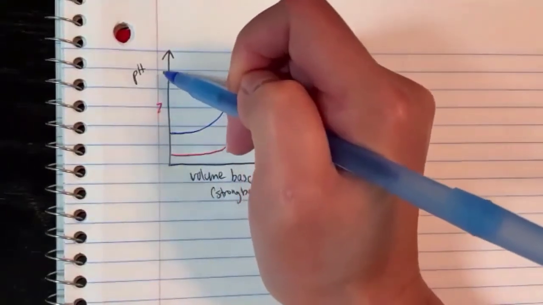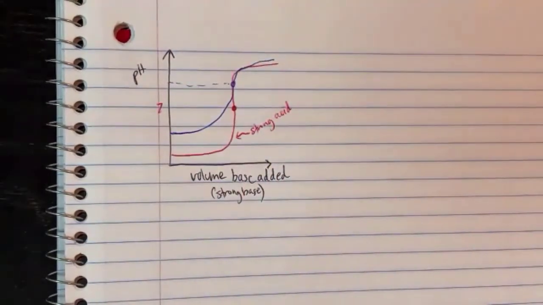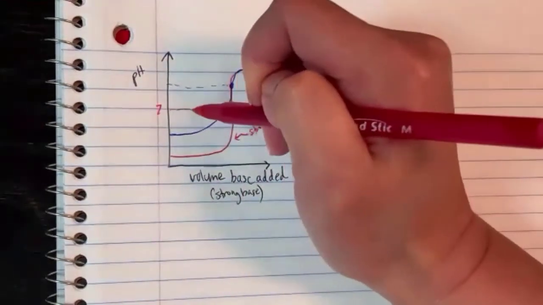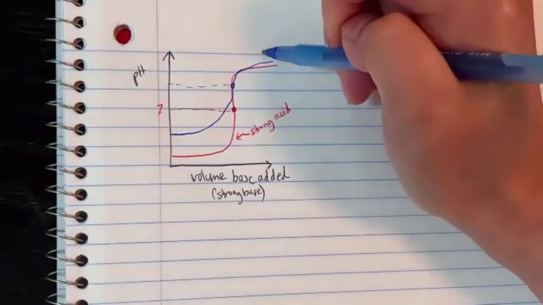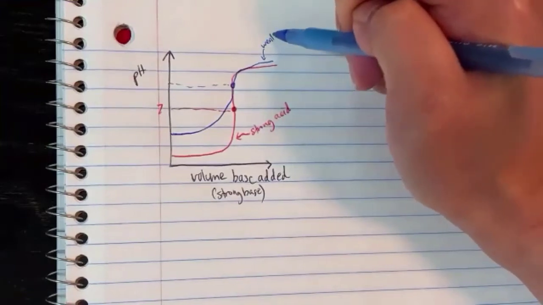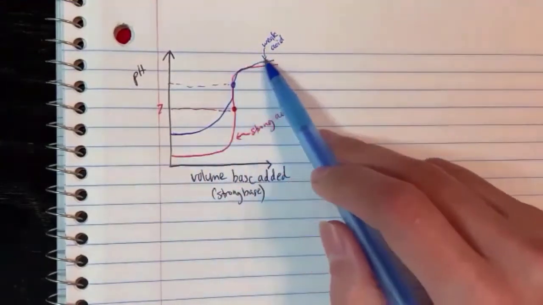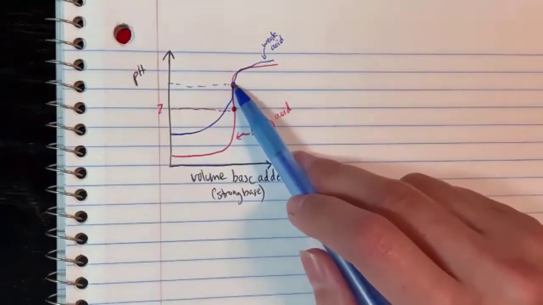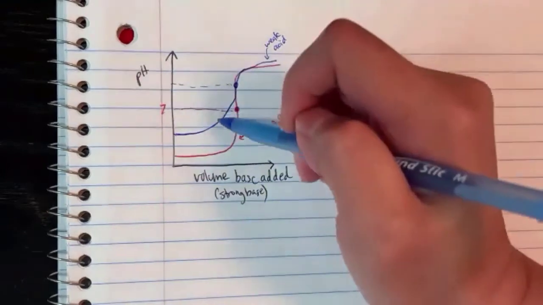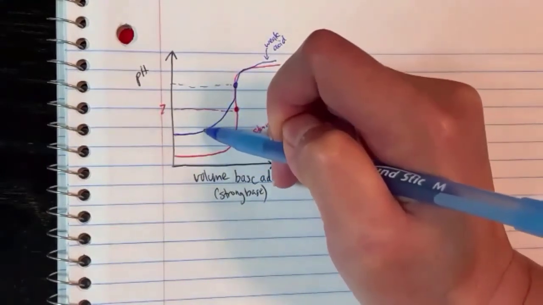So this is maybe like 8, 9-ish. Okay, and then you see how this guy here is exactly at 7. So the blue line here is going to be for a weak acid line. So the weak acid and the strong base gives you a higher equivalence point pH.